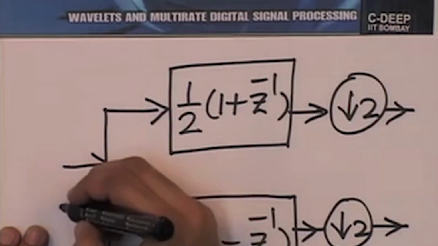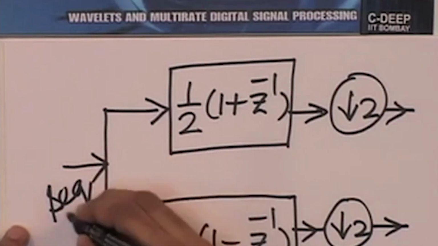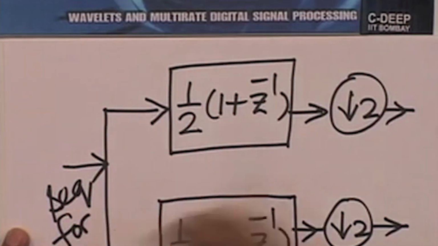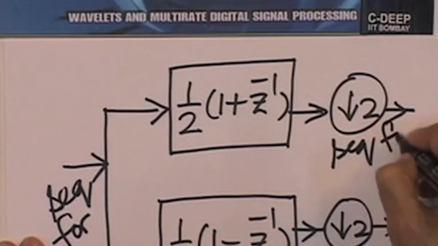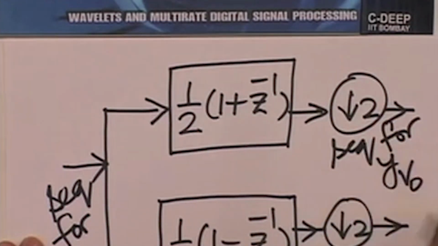So, here we have the sequence for y. Here we have the sequence for y_V0, and here we have the sequence for y_W0 coming out here, here and here respectively.